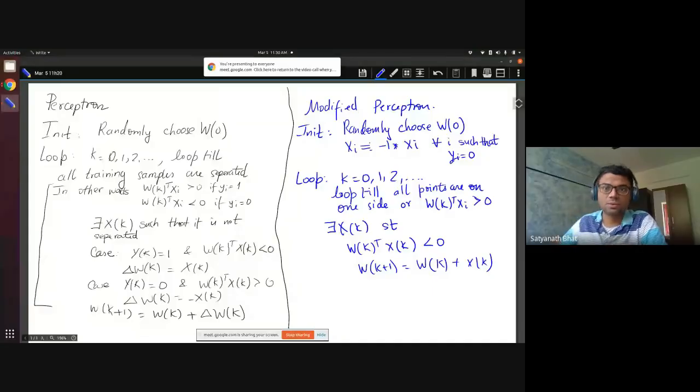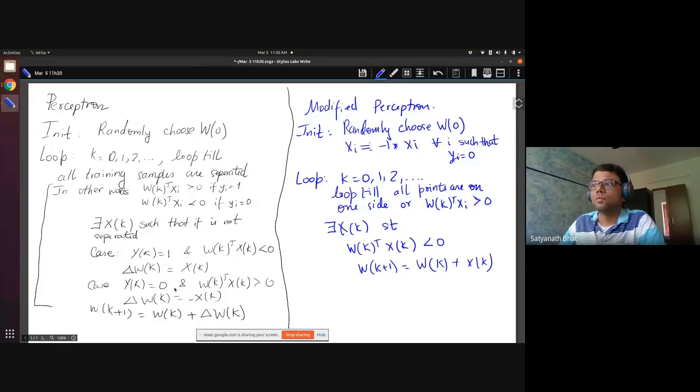So yesterday we were discussing the perceptron. I just took the time to write it ahead of time so that we can move past this quickly. What we saw is that there are two versions of it. The initial version is more intuitive, where you are doing the perceptron in the most natural way.